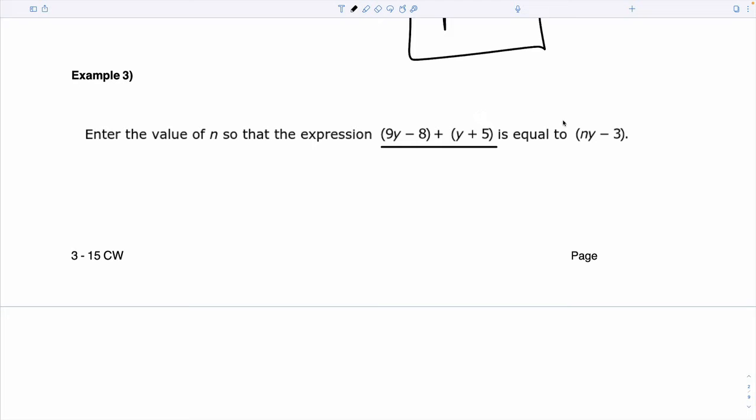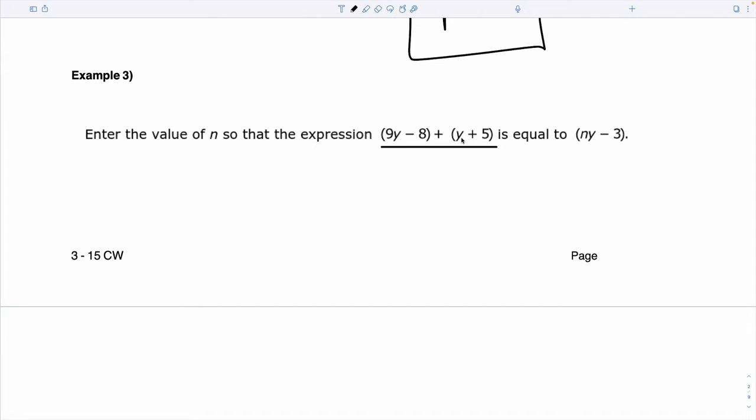Evens, raise your hands. Even? You're an even, right? Yeah. Raise your hand. Okay. Evens, turn and talk. What's different?